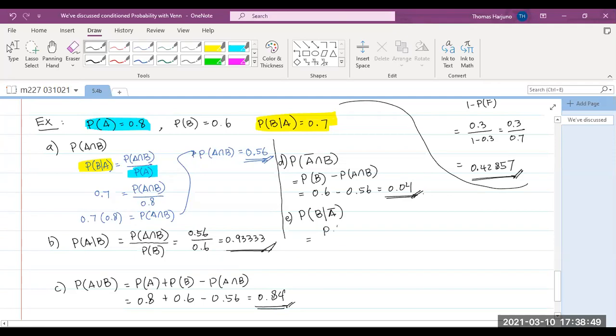That's probability of not A intersect B over probability of not A. That's 0.04 over 1 minus probability of A. That's 0.04 over 0.2. Oh, that's 0.2 also.